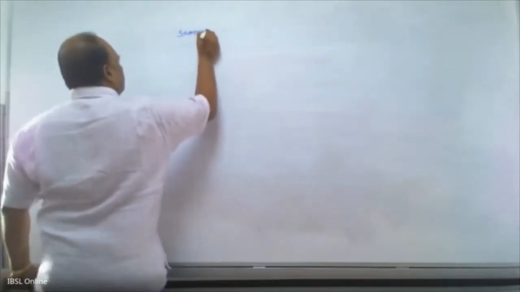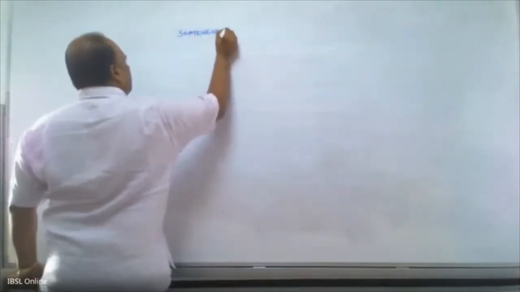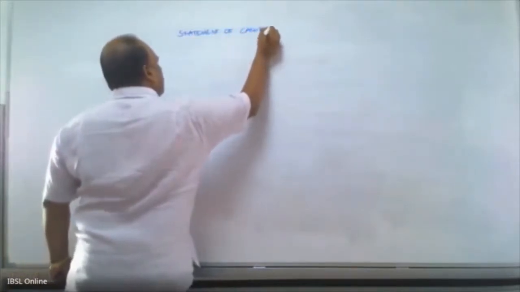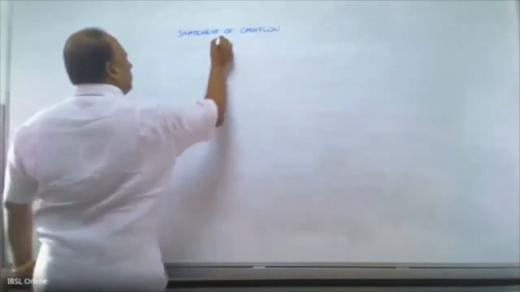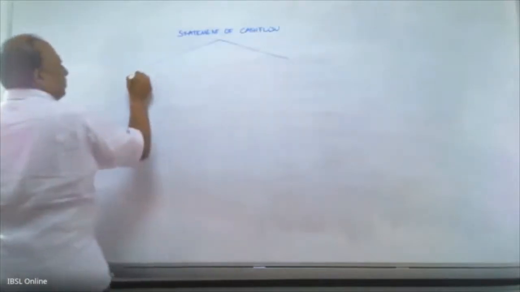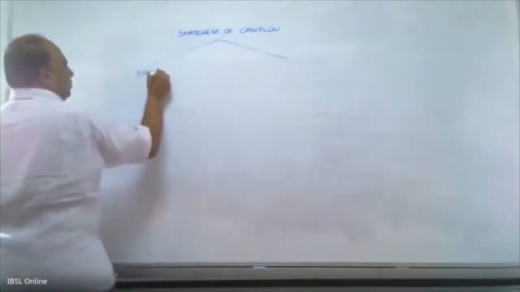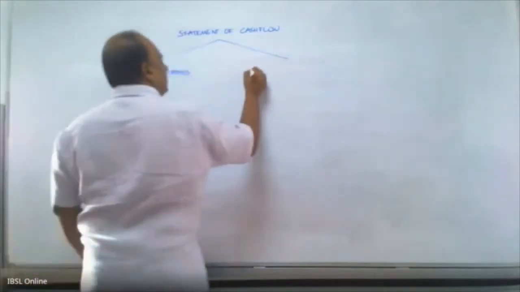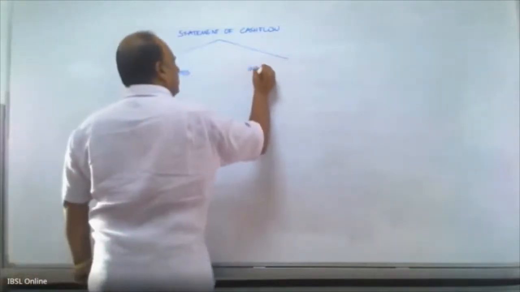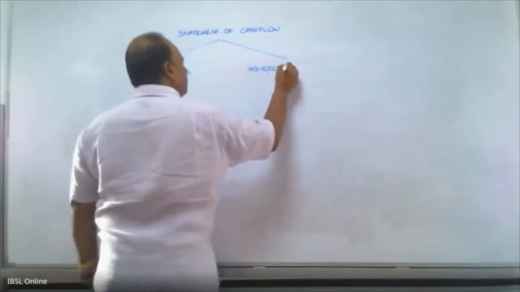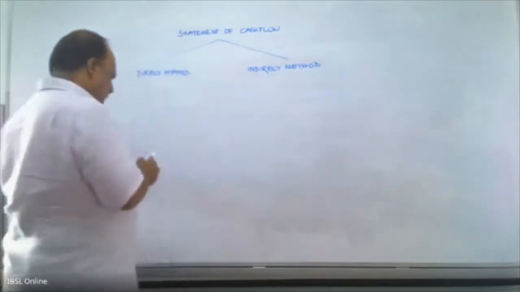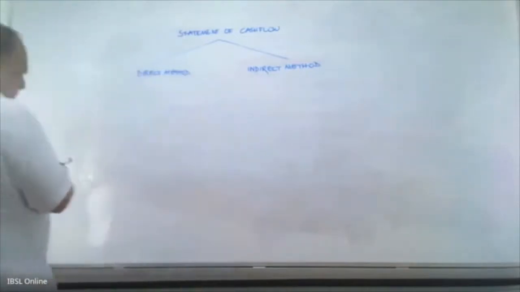Statement of cash flow. This is the direct method, this is the indirect method. Right? Under the direct method, what you need to do?